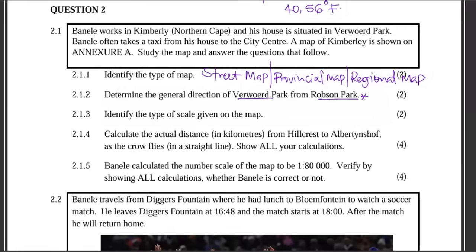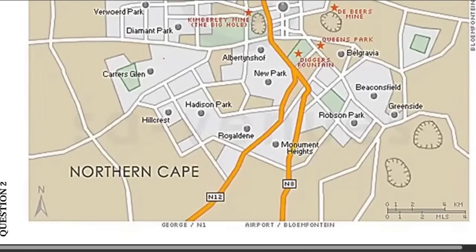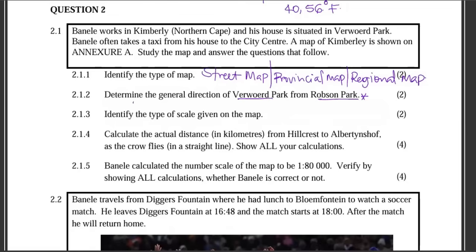Look for that one first. Robinson is here. Where are you heading? You're heading to this other place here. If you're heading like this, it becomes north, and this is west. So your answer becomes northwest.